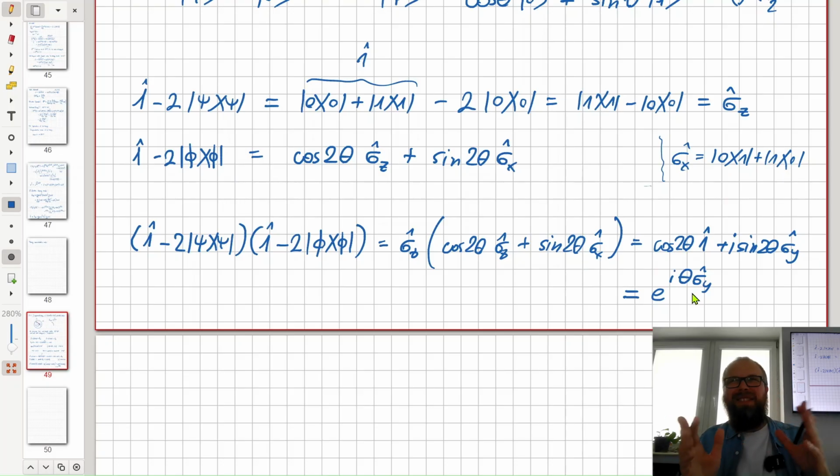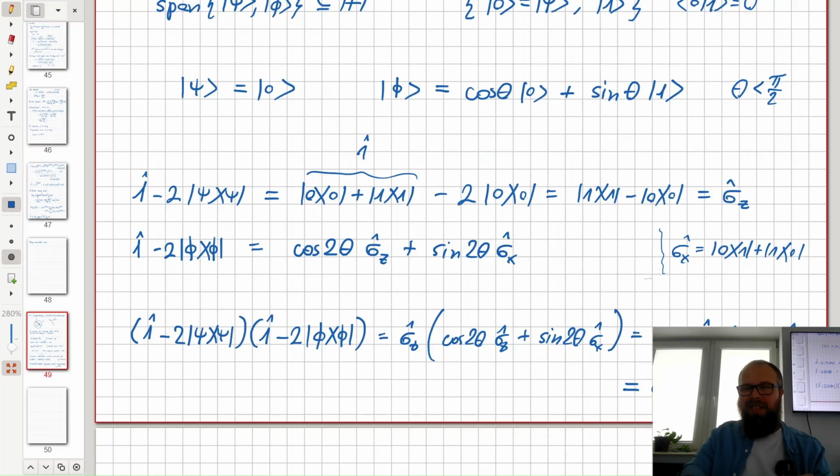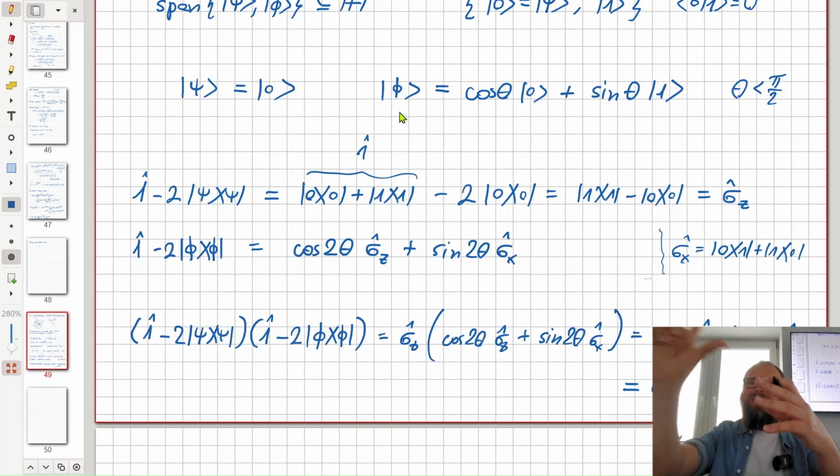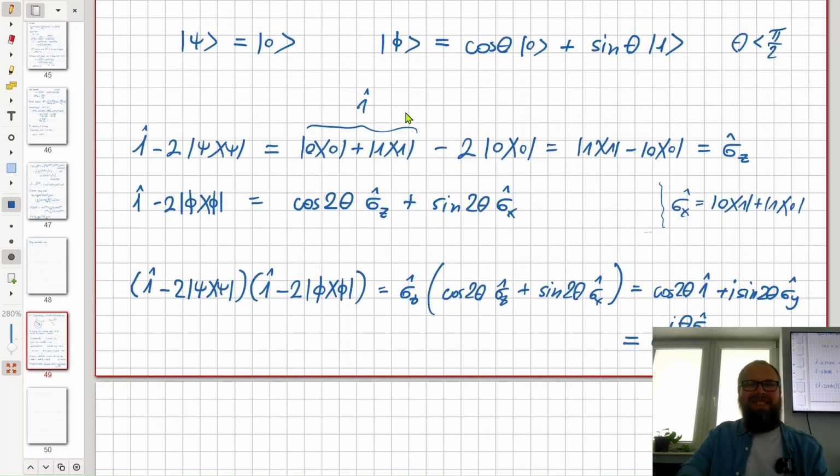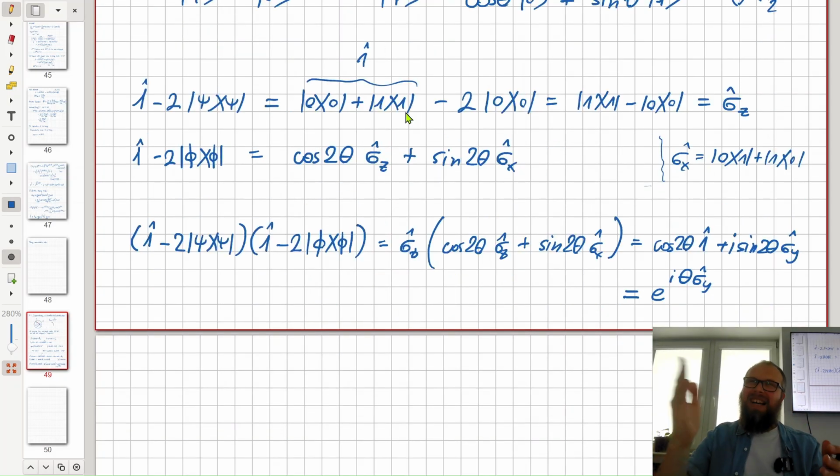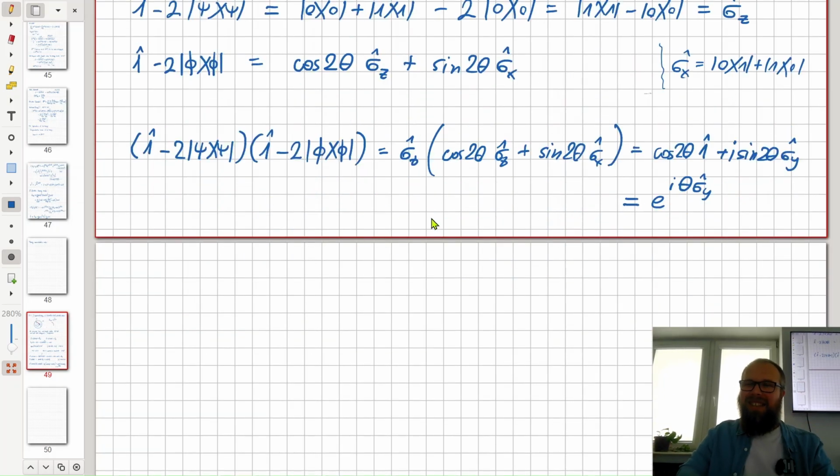The angle is 2 theta instead of theta, so if we take this guy and apply it to psi, it wouldn't lead us to phi, but too far. The angle would be too big, right? So we have to halve it. We need 1/2 of theta. So how can you halve the angle?